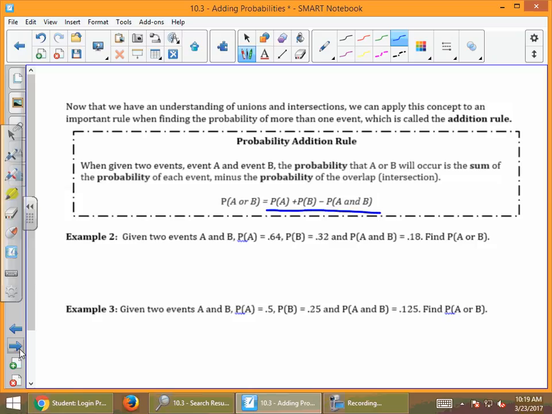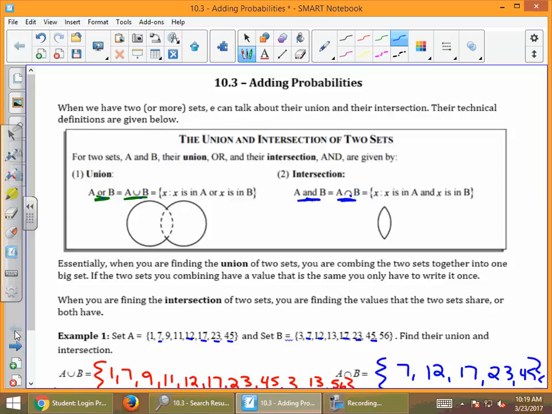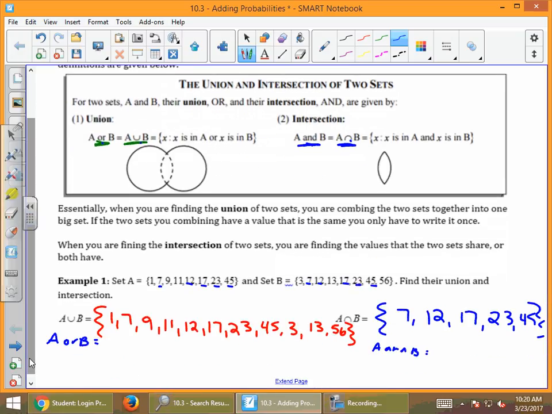The reason we subtract both, the and, is because they share things. Sometimes set A had the same things that were in set B, and if we just added those two sets together, you'd have repeating values. So to get rid of those repeating values and get an accurate probability, you subtract their intersection, because the intersection contains those repeating ones.